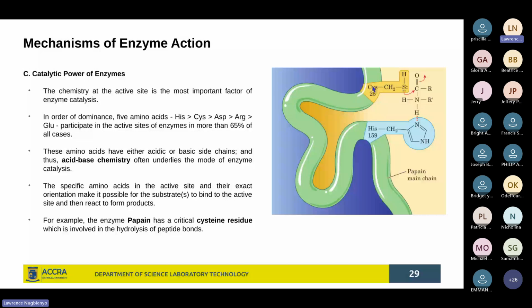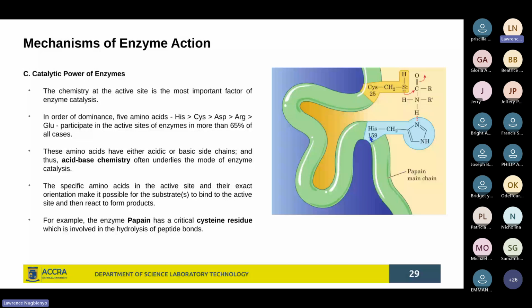This number you see here, histidine 159, is telling you that the histidine residue, that amino acid, is found at the 159th position in the structure of the protein. So if you talk of the primary structure of the protein, the sequence of amino acids, on the 159th position you have histidine.